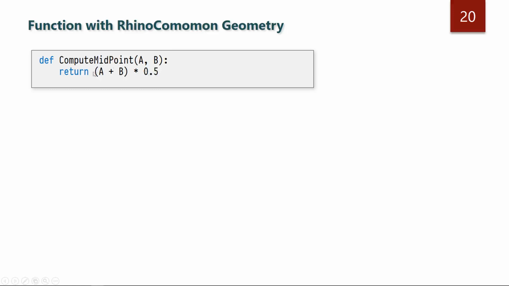Even though this program is very simple, it's still nice to package it into a function. And when we package this in a function, we have the chance to give the function a name. So later in the code, if you say compute midpoint A and B, it's somehow more meaningful to the person who reads that code rather than seeing A plus B multiplied by 0.5, okay?